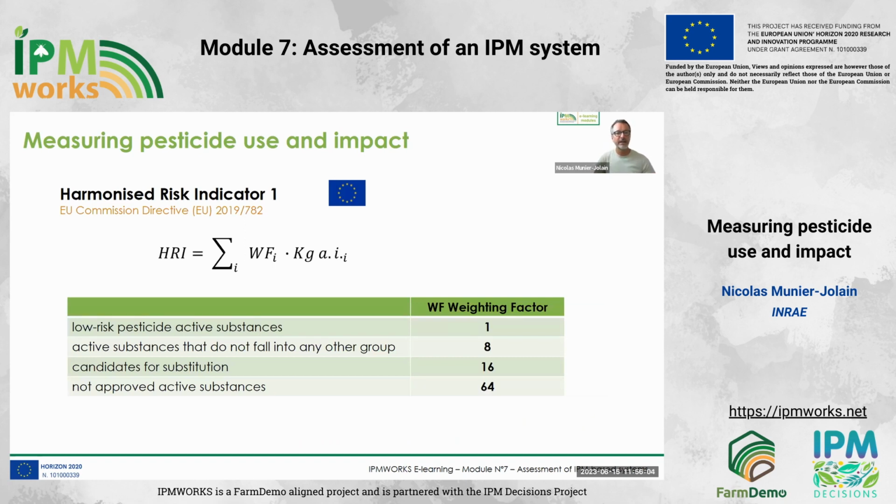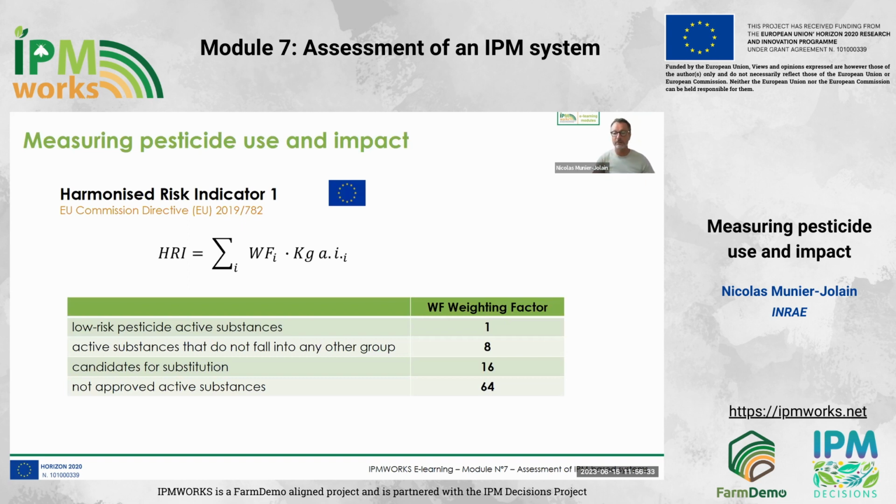The next indicator is the harmonized risk indicator number 1, because there is a number 2. This indicator was introduced by the European Commission in the directive in 2018, Directive 782. This harmonized risk indicator is simply computed as the sum of the kilograms of active ingredient, but weighted by a weighting factor.